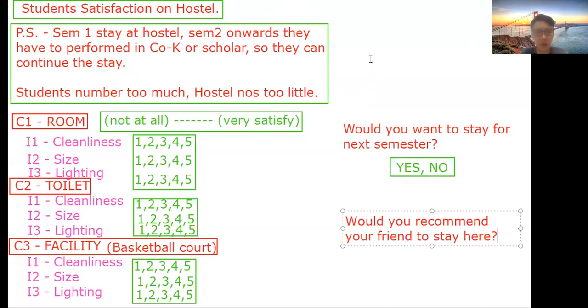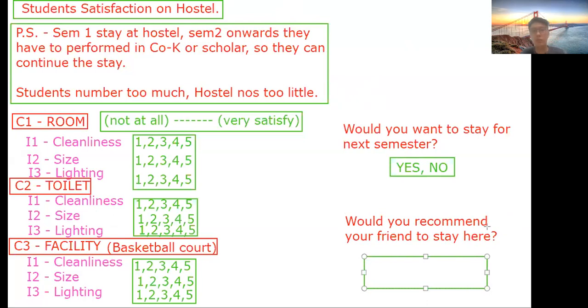Can anyone tell me what is the answer here? If I still use nominal scale, can you tell me what is the answer here? Yes or no? Yes, correct. Nominal is yes or no, right? So we are still using nominal, so yes or no.